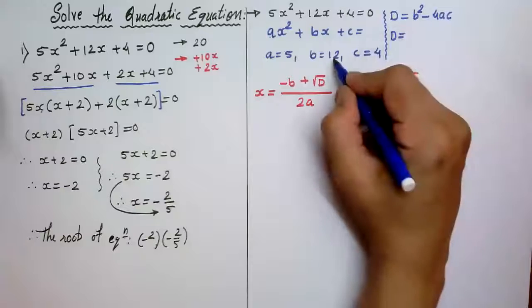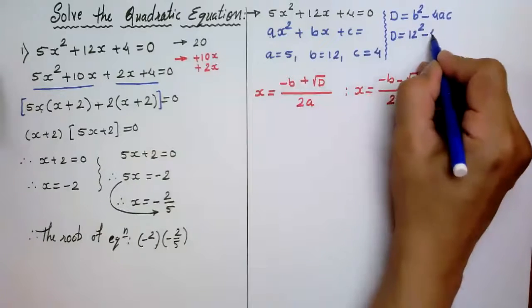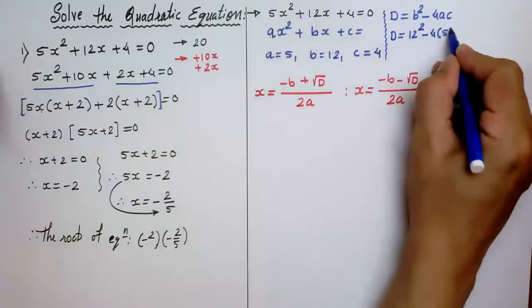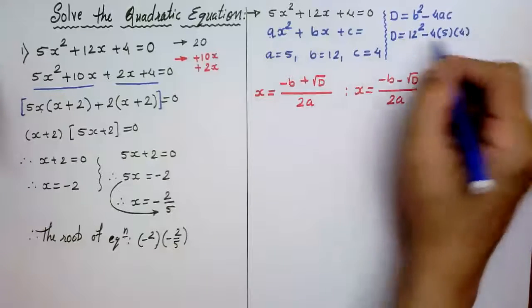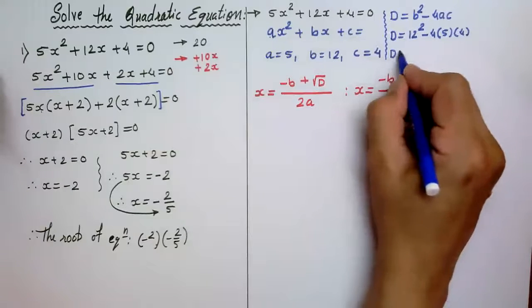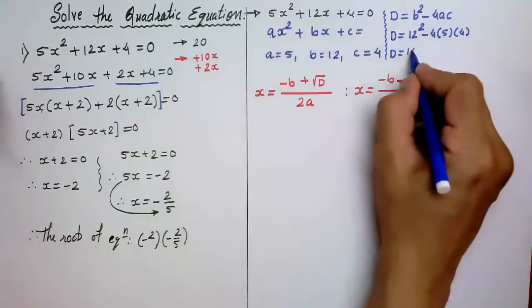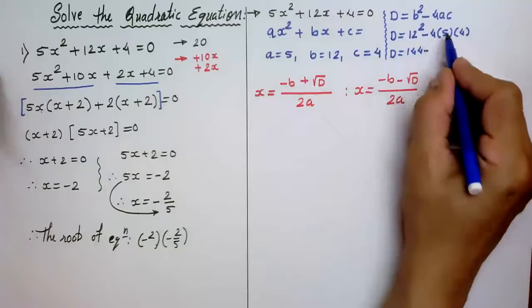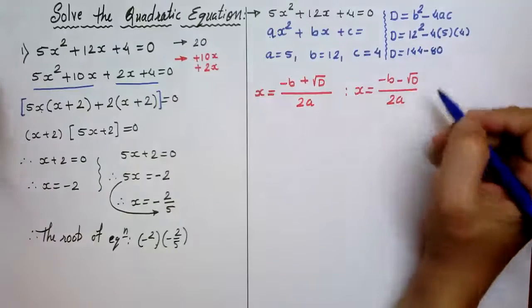b squared, b is 12, 12 squared, minus 4, a is 5, c is 4. So ultimately I am getting d is equal to 12 squared. That means 12 into 12, you will get 144, minus 5 4s are 20, 20 4s are 80, so that is minus 80.